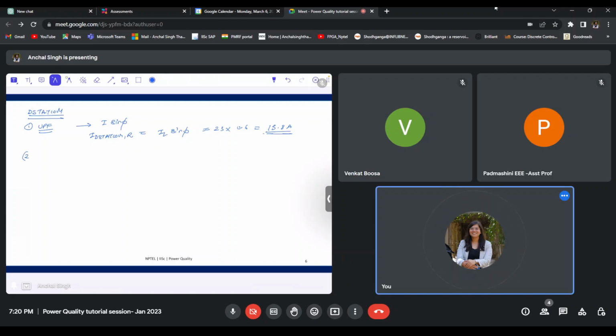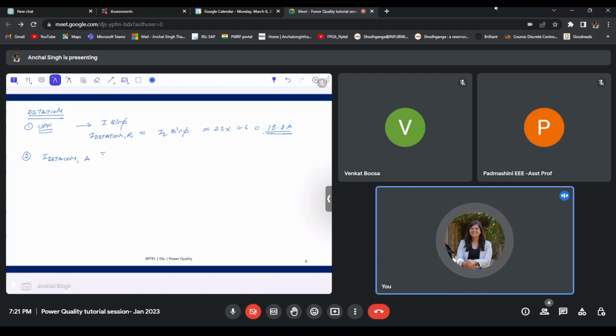Now, apart from that, since the DVR is supplying active power to the load because it is a P type of UPQC, another component of current will flow through the D-STATCOM, and that will be the D-STATCOM active component. That component can be calculated depending on the DVR rating.